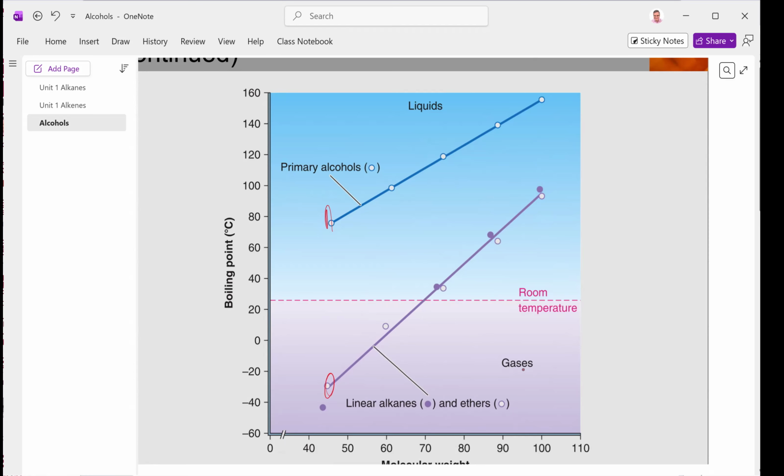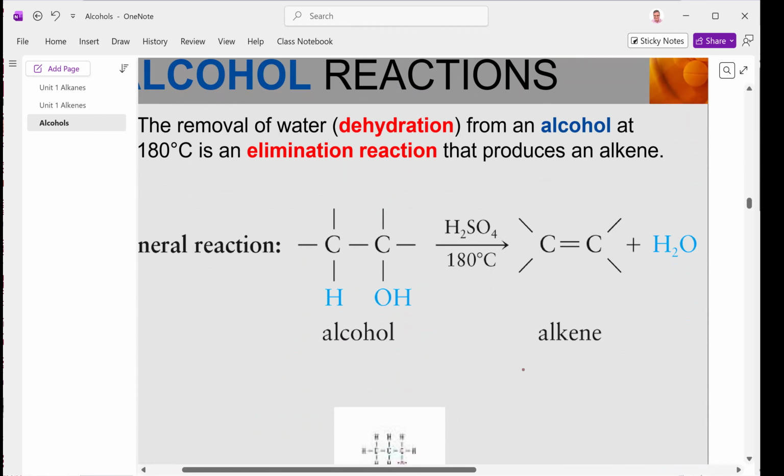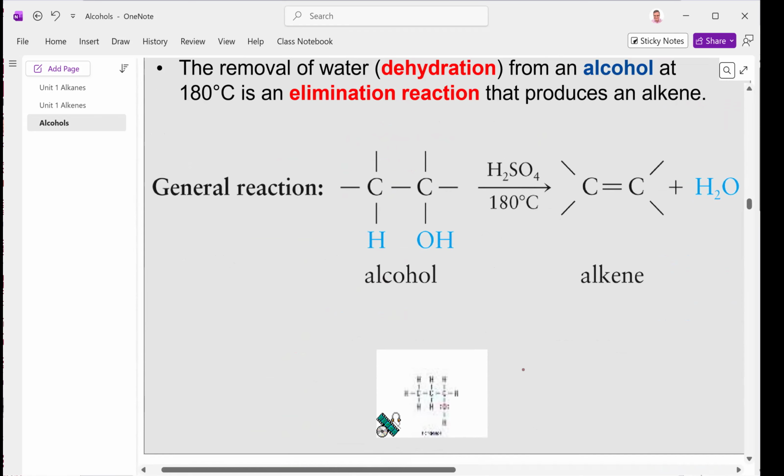Now, as we cover more and more functional groups, we're going to be adding lines to this graph. And you'll see relatively where each functional group stands relative to the others. Okay.